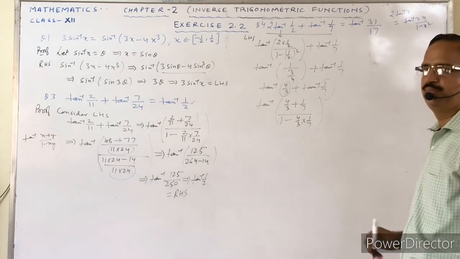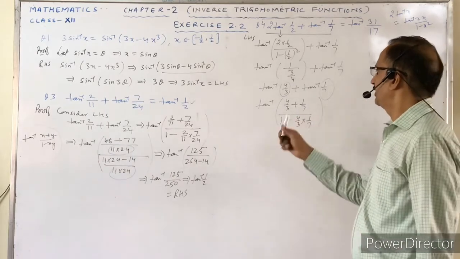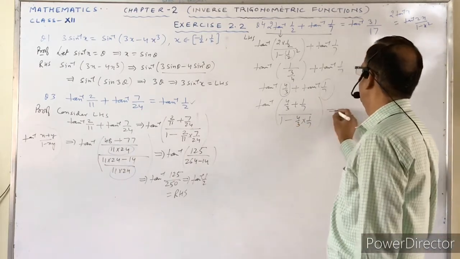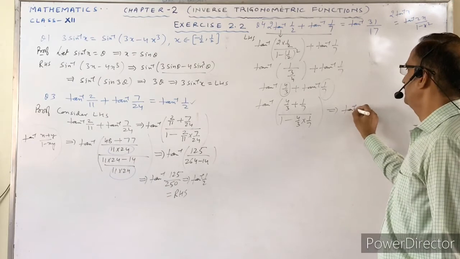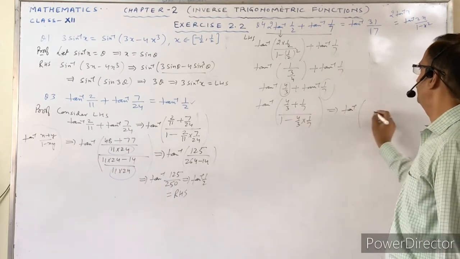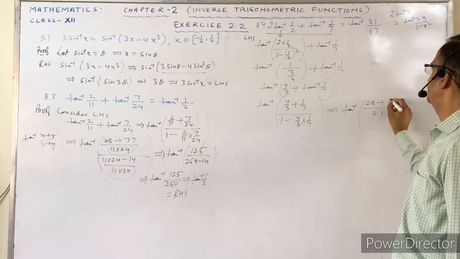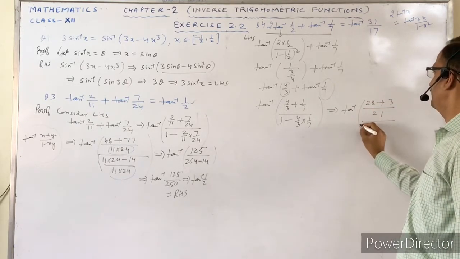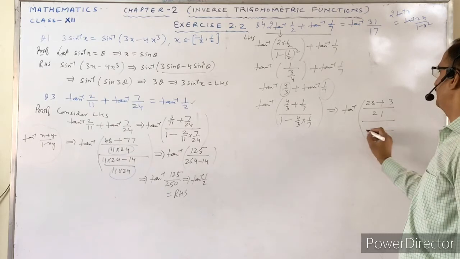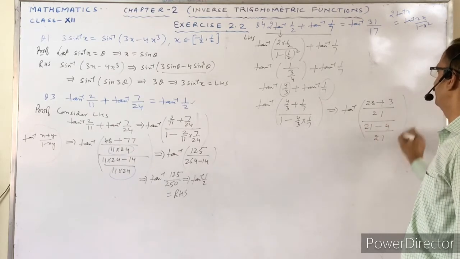When we simplify this, again the same method, we can write this as tan inverse. In the numerator this is 21, and 7 fours are 28, and plus 3, and the denominator is again 21, and this is 21 minus 4.